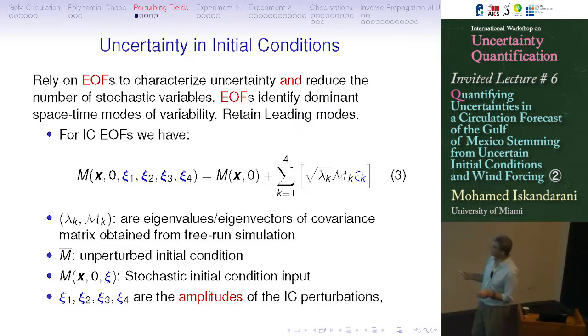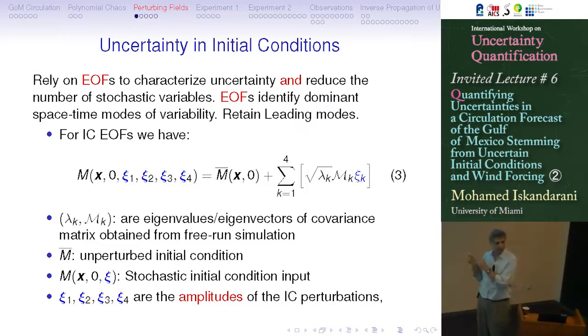So once we've identified the spatial modes as the EOF, each one of these will be multiplied by an uncertain amplitude, psi k. The series that I have here is essentially showing the addition of 4 modes, perturbing 4 modes of that EOF decomposition with uncertain amplitudes. Okay?